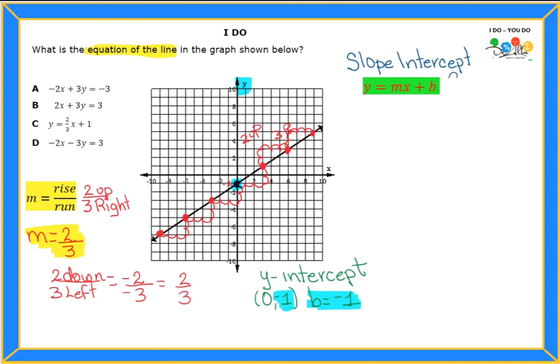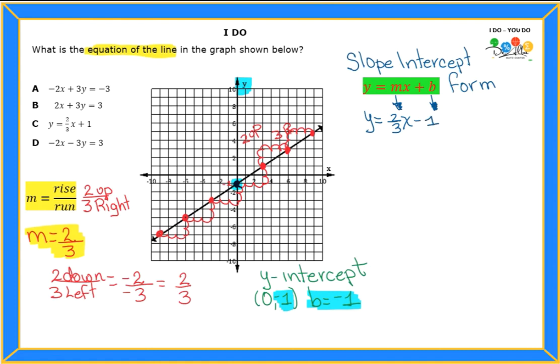So this one is called slope-intercept form. So the only two things that I need to replace are going to be the m and the b, and that's it. Okay, so I'm going to write down y equals m is 2/3, so I'm going to write down 2/3 of x. The b is -1. Therefore, I can write down -1.